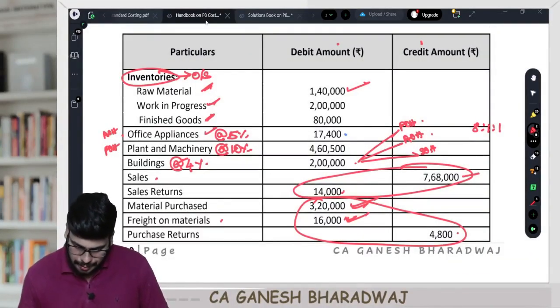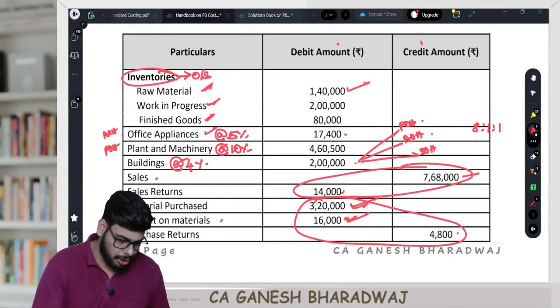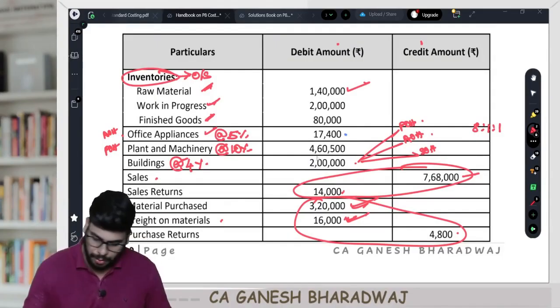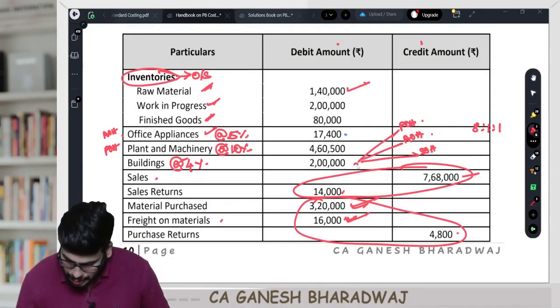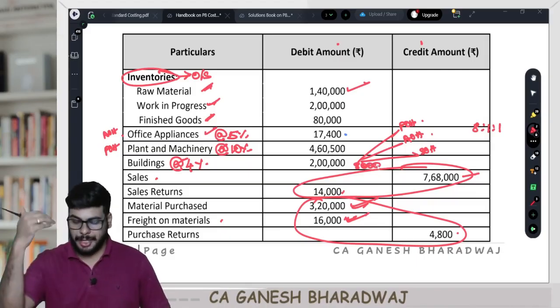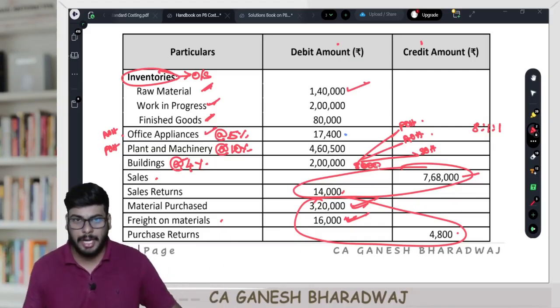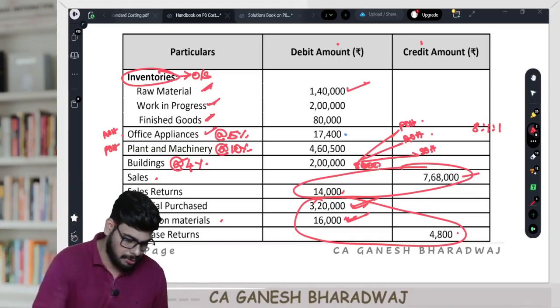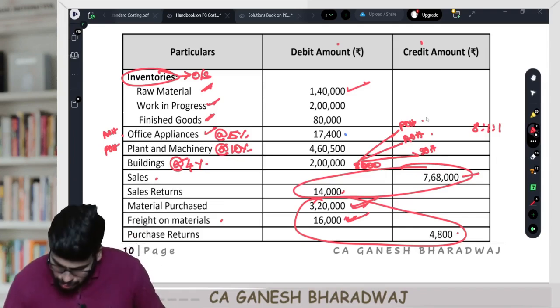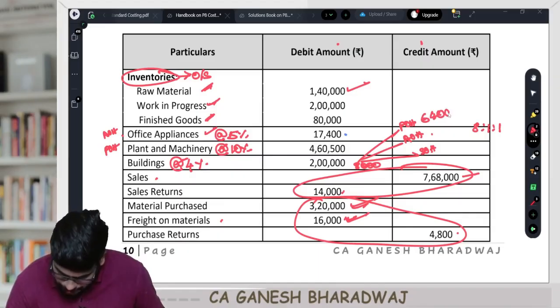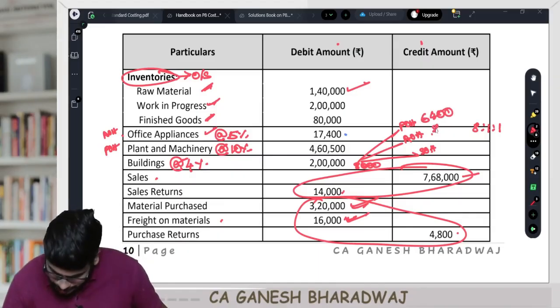Next, your buildings, 4% on 2 lakhs. So 2 lakh into 0.04, it's going to be 8,000 rupees, right? The 8,000 rupees of depreciation should be apportioned between your factory, admin and sales in the ratio of 8:1:1. So 8,000 divided by 10 into 8 is equal to 6,400 rupees. 1 is equal to 800 rupees for AOH, 800 rupees for SOH.